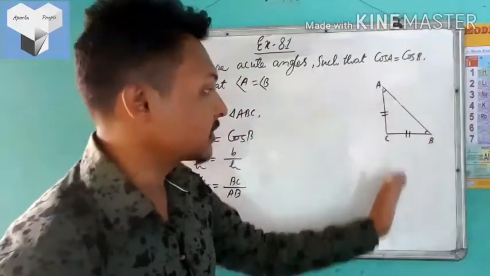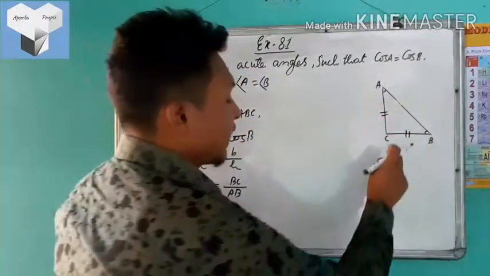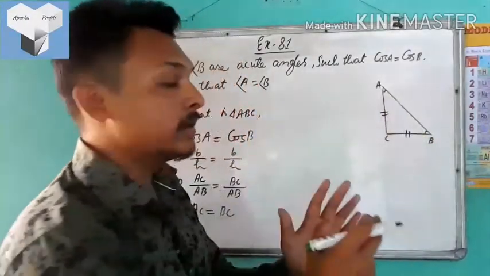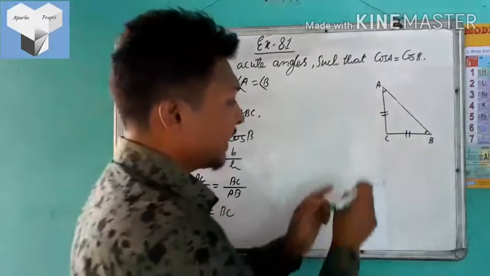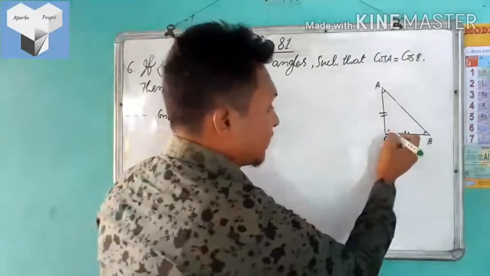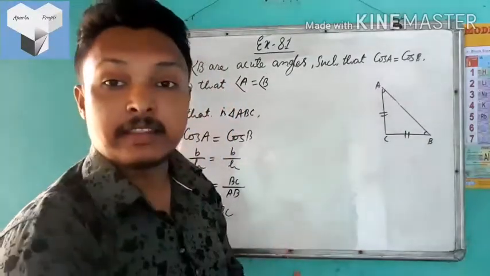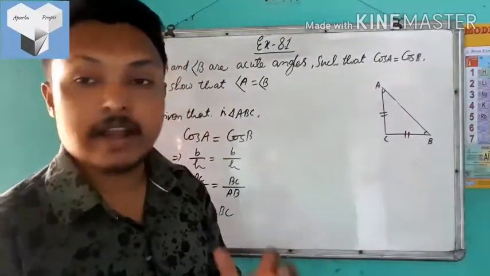Already this one is a right angle triangle, and listen, here the lengths of AC and BC, that means two other sides, are equal in measure. That means when a triangle has one right angle and two sides are equal, then it is called an isosceles triangle.